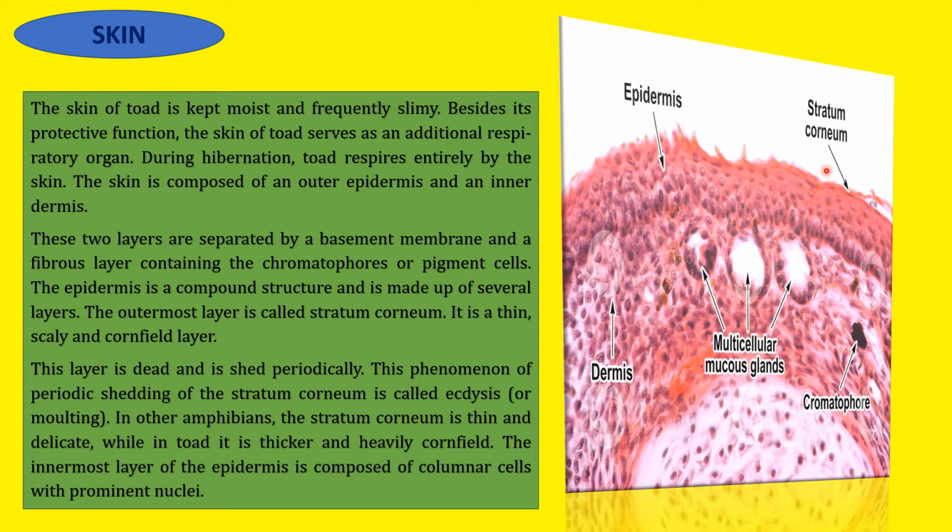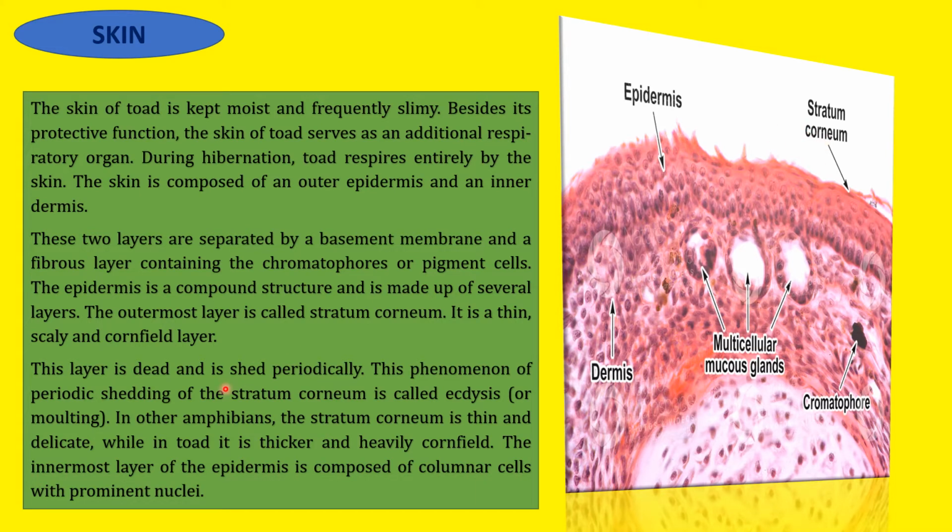It is full of corn-like structures, that means round-shaped small corn-like structures. So this layer, stratum corneum, consists of these corns. That's why this layer is called corn-filled layer. You can see they have drawn small corns over there.